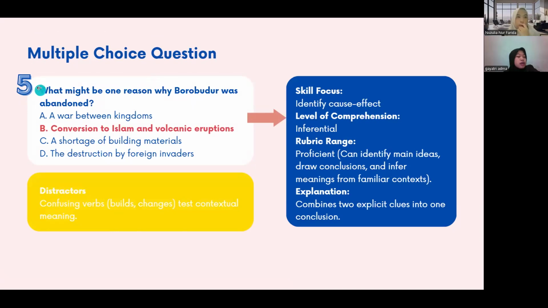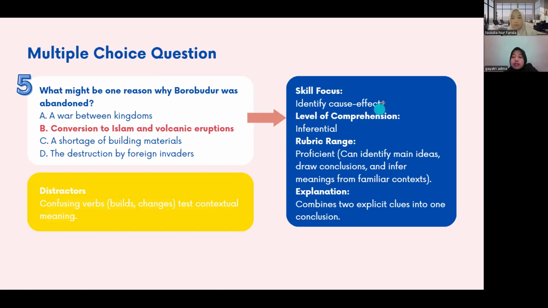This is a question that assesses a different level of comprehension, inferential. The question is, what might be one reason why Borobudur was abandoned? And here, the skill focus is to ask students to identify cause and effect.